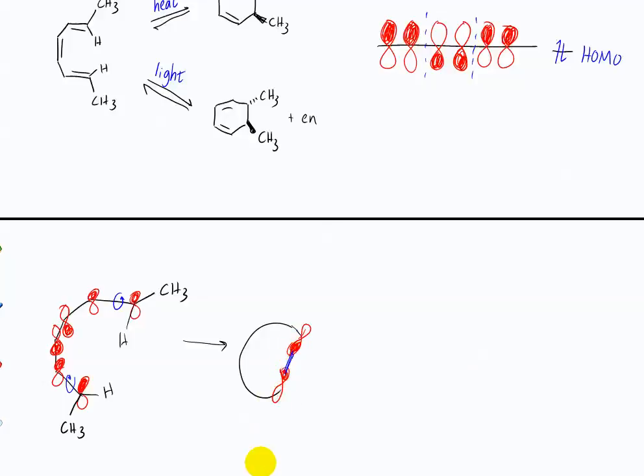Now the important thing is, what happened to those methyl groups when we did this? Are they both going to end up up, or is one going to end up up and one down? Well, let's look at it. So we've got this methyl group out that way, this methyl group out this way, and we're rotating them in opposite directions.